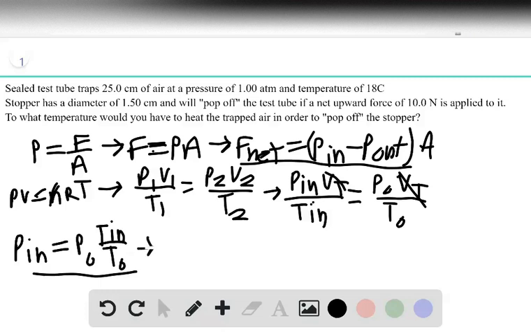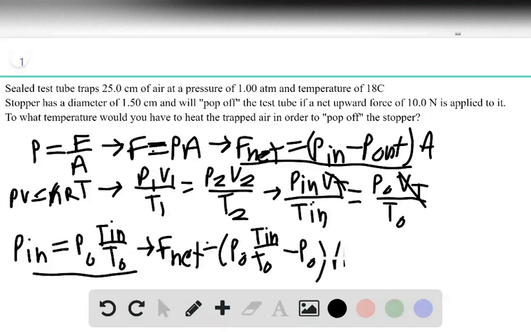Okay, so F net now equals P naught T in over T naught minus P naught times A. Okay, so again, that's just plugging this relationship between P in and P naught into P in minus P out, okay?